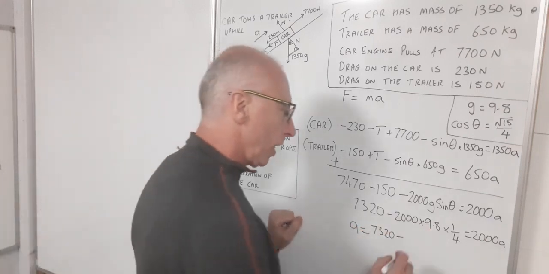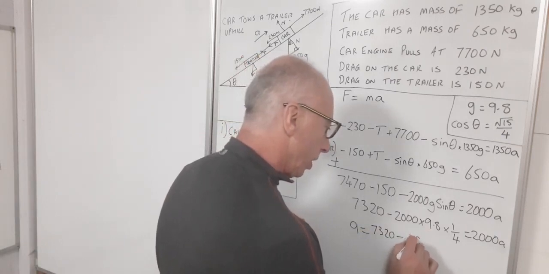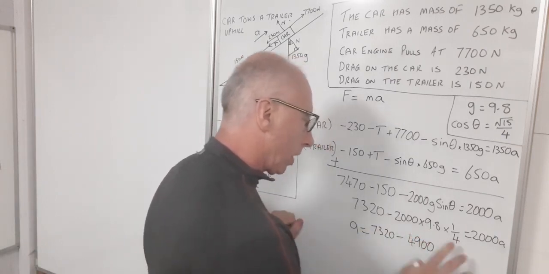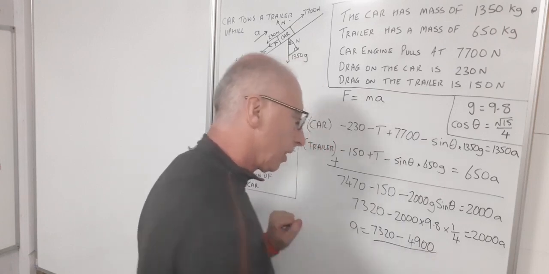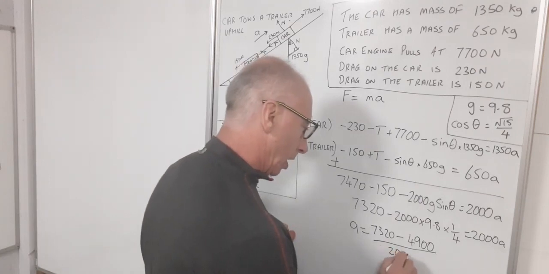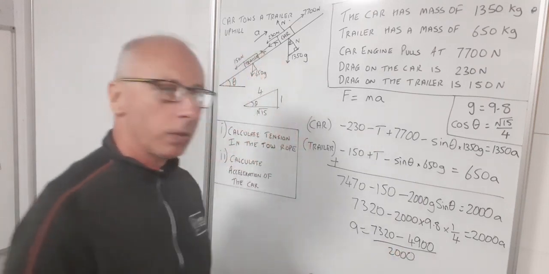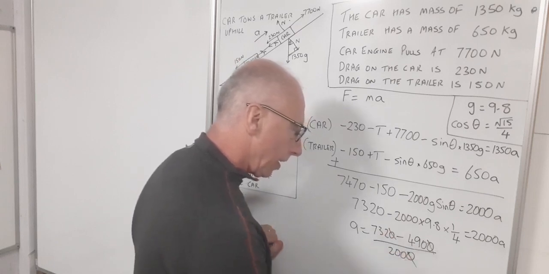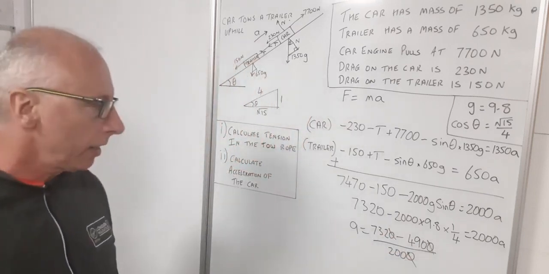So basically what I've got here is 4,900, and you can divide that by 2000. So we can simplify a little bit, take that off, take that off, take that off, divide everyone by 10, that's legitimate.